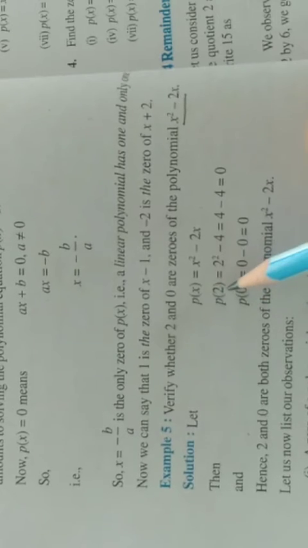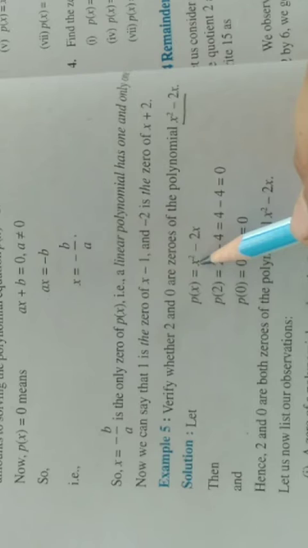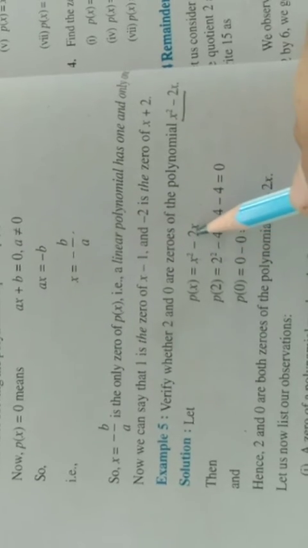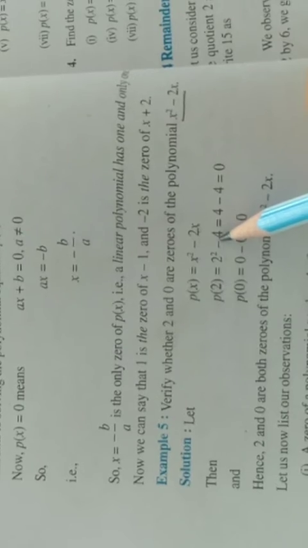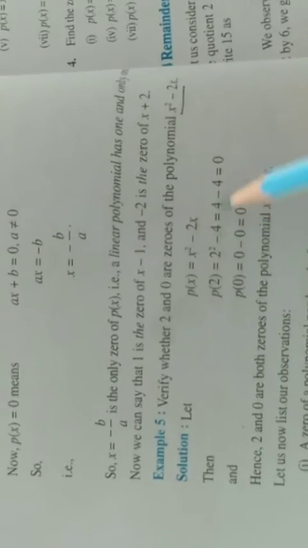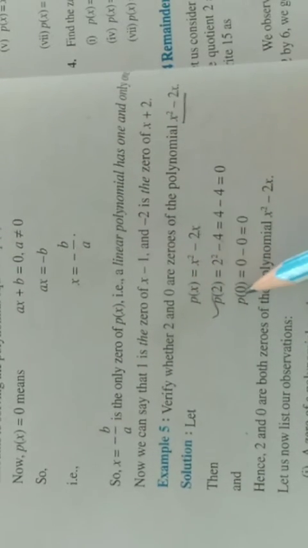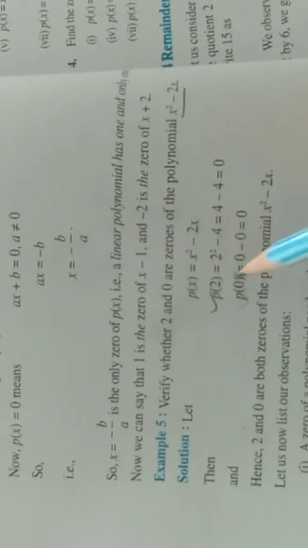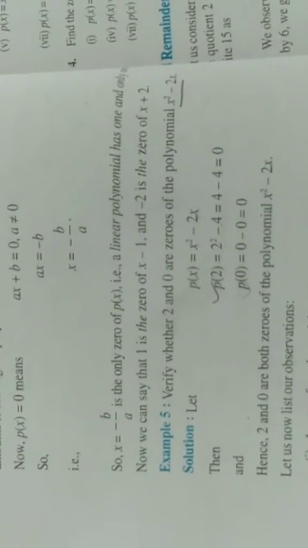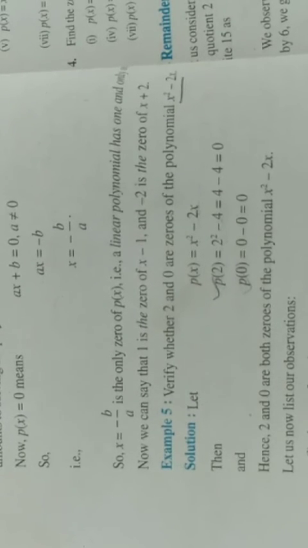P of 2 is equal to, in place of x, 2 square minus 2 multiplied by 2. 2 square is 4, so 4 minus 4 is 0. Yes, so 2 is a zero of the polynomial, and again let us check for 0. P of 0 is equal to 0 minus 0. We got 0. So 2 and 0 both are zeros of the polynomial x square minus 2x.